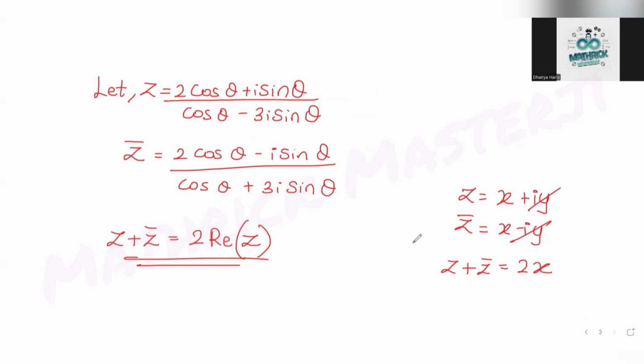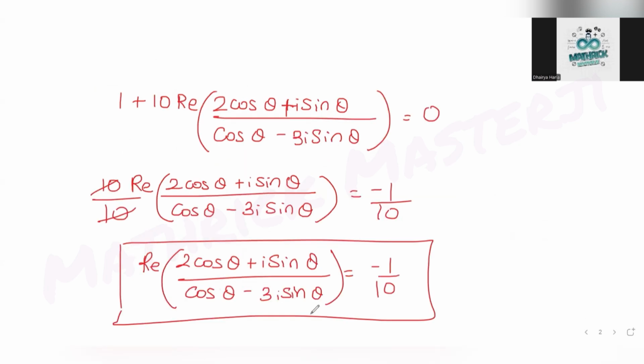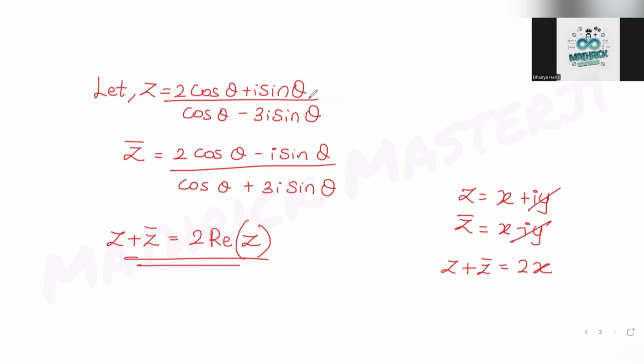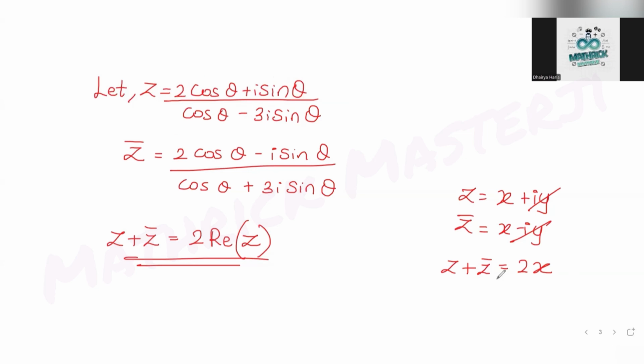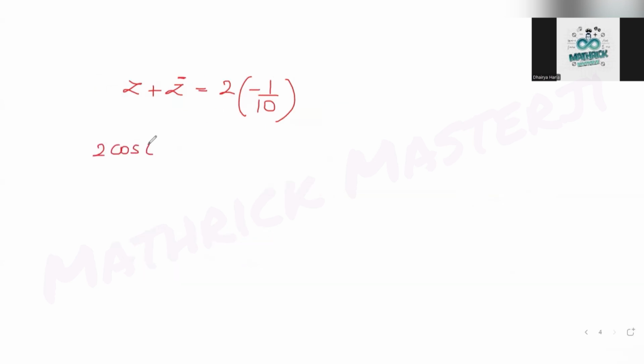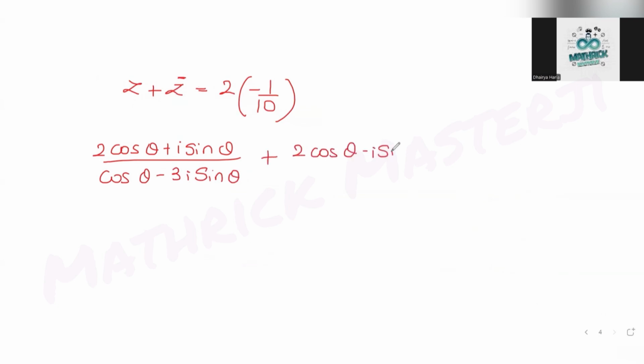We already know that the real part of this whole expression is equal to minus 1 over 10. So z plus its conjugate is 2 times minus 1 over 10. Putting in z and z bar: (2 cos theta plus i sin theta) over (cos theta minus 3i sin theta), plus (2 cos theta minus i sin theta) over (cos theta plus 3i sin theta), is equal to 2 times minus 1 over 10, which is minus 1 over 5.